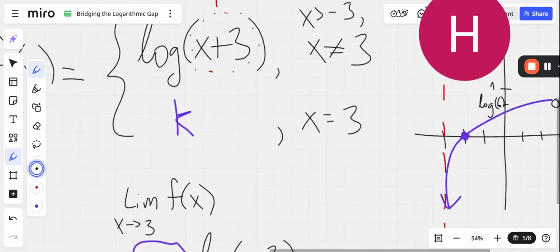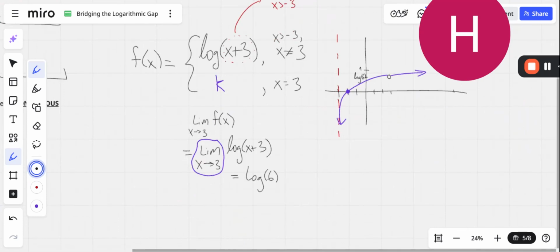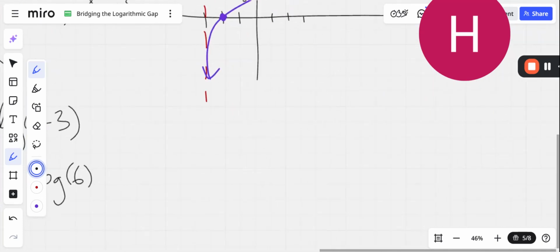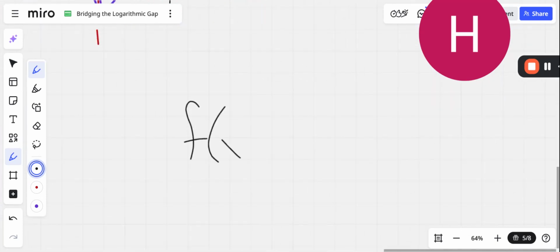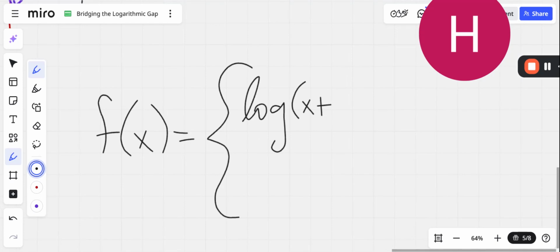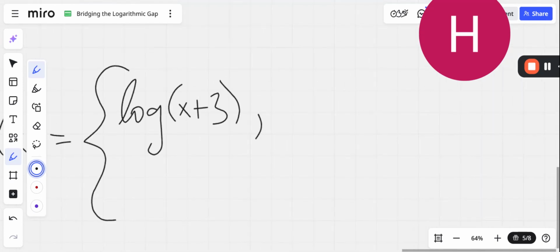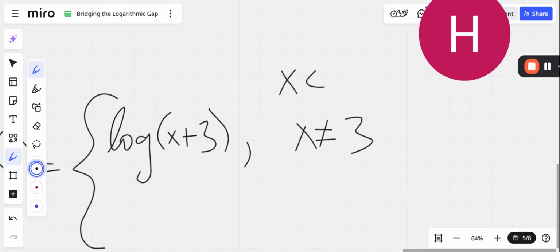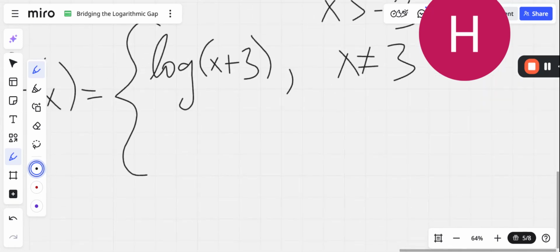Anyways, that means that the value of k must be log 6. So the full piecewise function is written out like this. f(x) equals log(x + 3), as long as x does not equal 3. And you can also include this because this is the domain of the logarithm part: x is greater than -3.